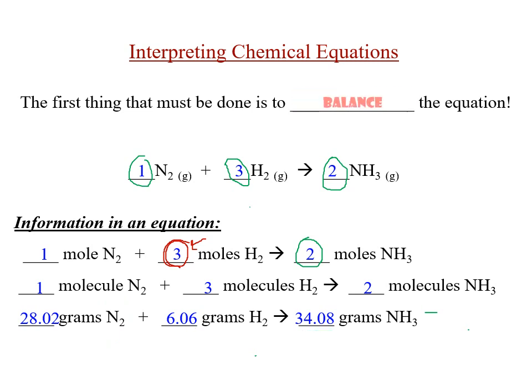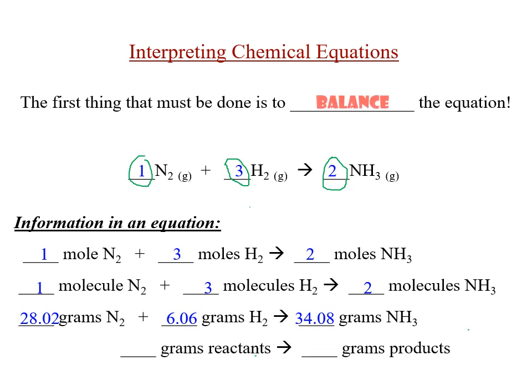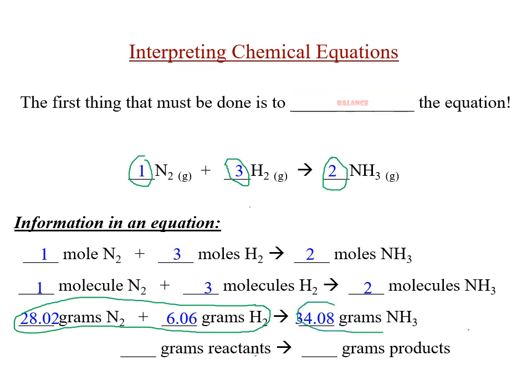Let me erase what's up here. Okay. So, the last thing we're going to do when we interpret our equation is the law of conservation of mass. The book doesn't always ask for this last step, but I always want you to show it. The last step shows that whatever is on the reactant side has to equal what's on the product side.